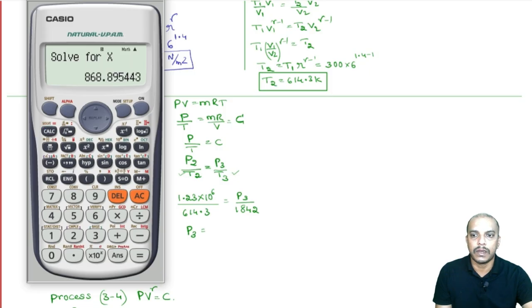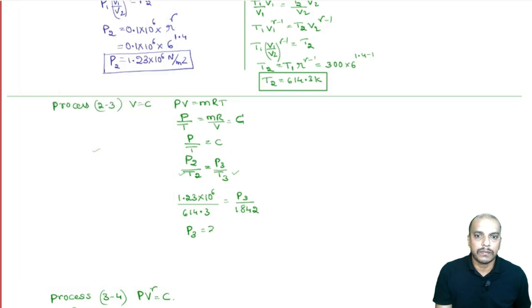Solving for x, we have the answer 3.688 into 10 power 6. So, 3.68 megapascal we can say.